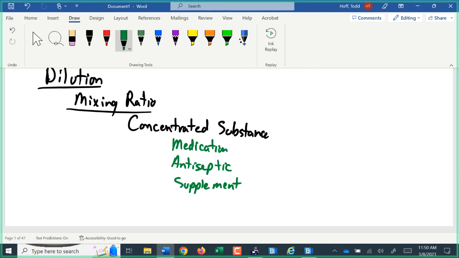Or it could be a solution of any of those, just a more concentrated form of a solution than any of those. So it may not even be a pure substance. It could be one of those substances already diluted down. Now, since any of those substances could be, remember we referred to this as our active ingredient.